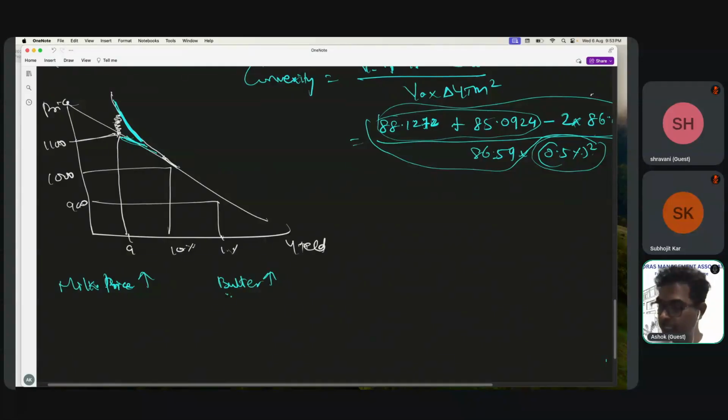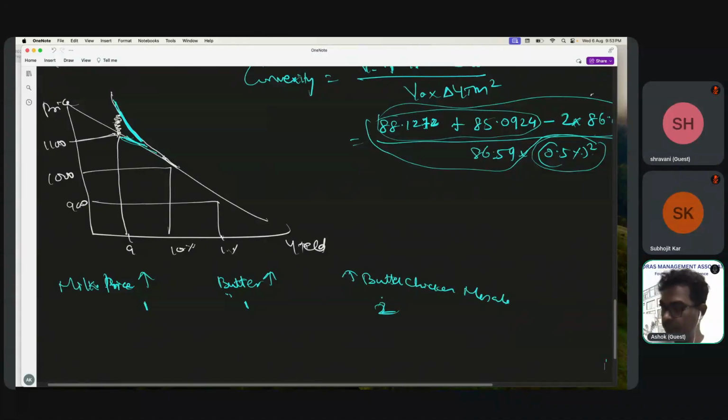So butter's price is the derivative of milk. Milk price goes up by 1 rupee, butter's price also goes up by 1 rupee. Then butter chicken masala may go up by 2 rupees.